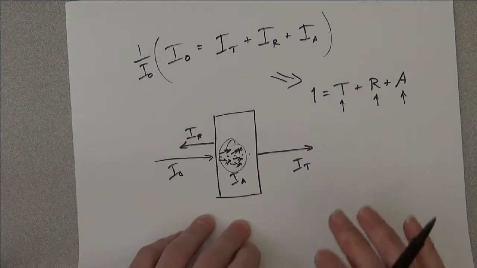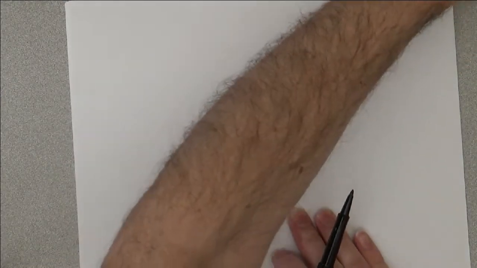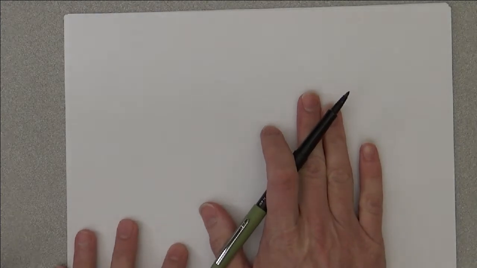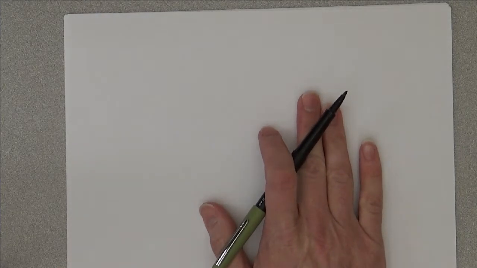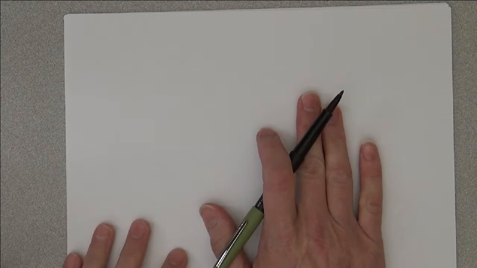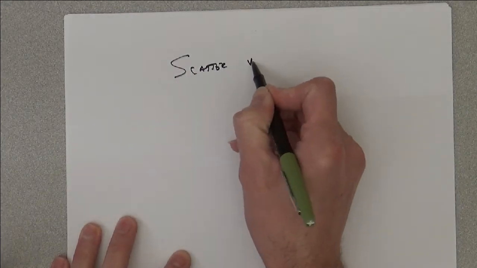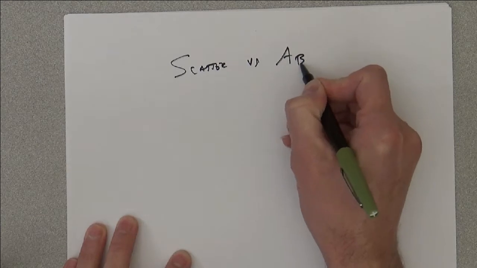I think it's worth commenting that we're interested in talking about absorption, not necessarily scatter. Scatter, you can think of actually as more of multiple reflections, right? If you imagine versus absorption.